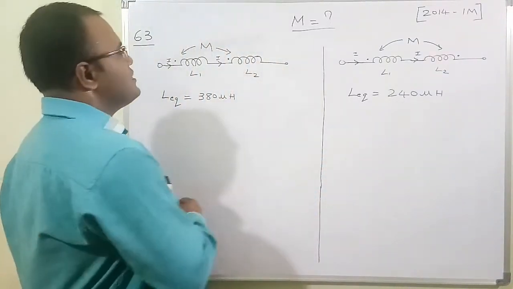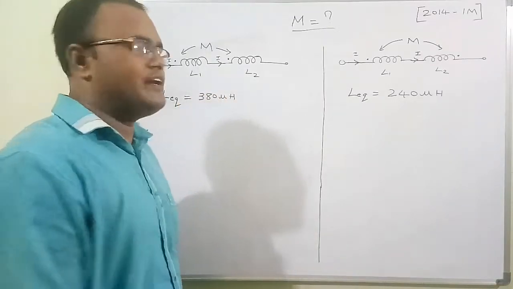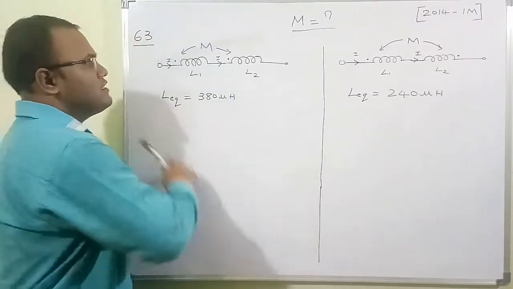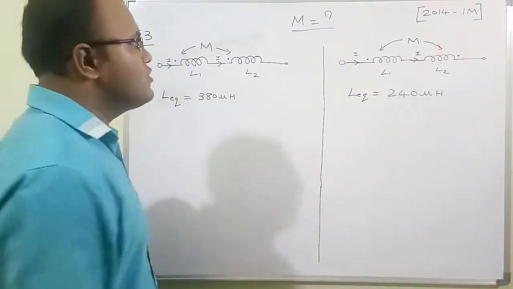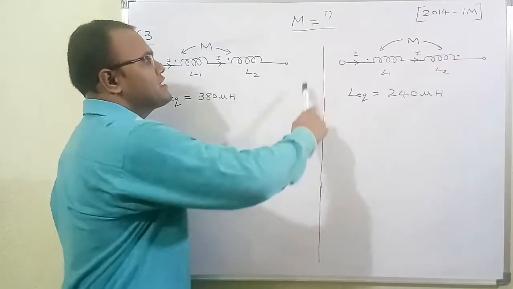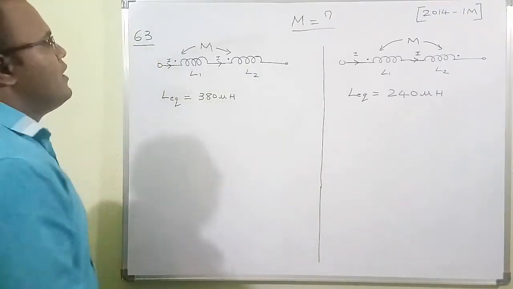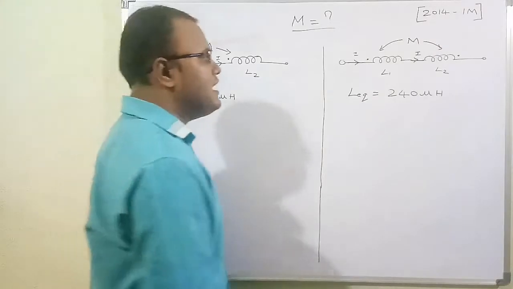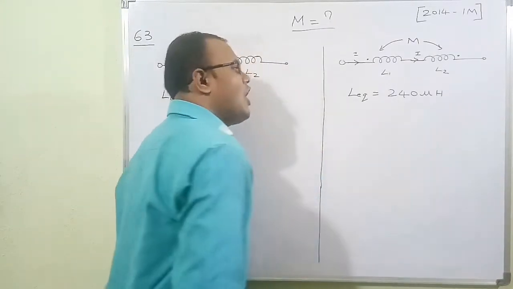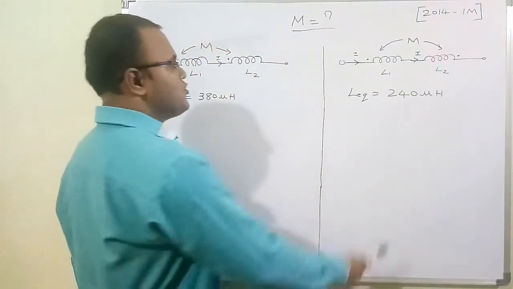In this question, M is the mutual inductance, L1 is the self-inductance of the first coil, and L2 is the self-inductance of the second coil. We need to figure out the mutual inductance between these two coils, given that the equivalent inductance in series aiding is 380 microhenry and in series opposition is 240 microhenry.